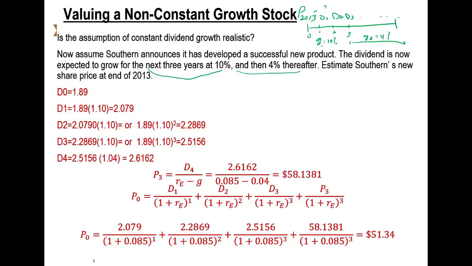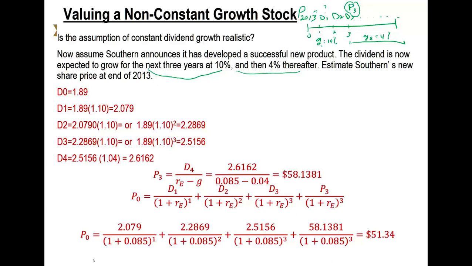You know that after year 3, the growth rate is constant. So you can apply the constant growth model after year 3, because growth is constant. That will be our shortcut. In other words, I know that P sub 3, the price at the end of year 3, is just the present value of what?